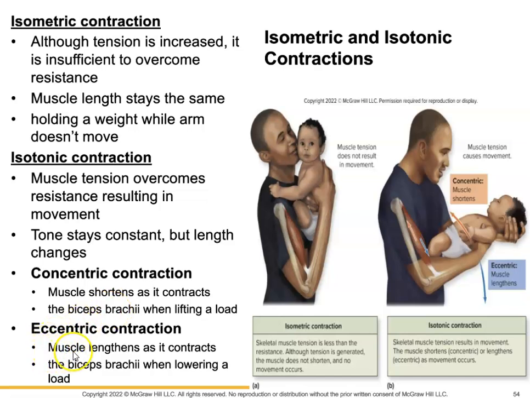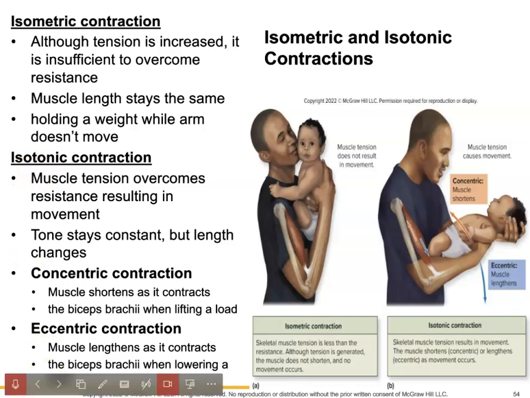Eccentric, the muscle lengthens. So that would be when you are lowering the weight or the book. Either way, if it shortens, it's concentric. If it lengthens, it's eccentric. But they are both types of isotonic because the tension, the weight, did not change.